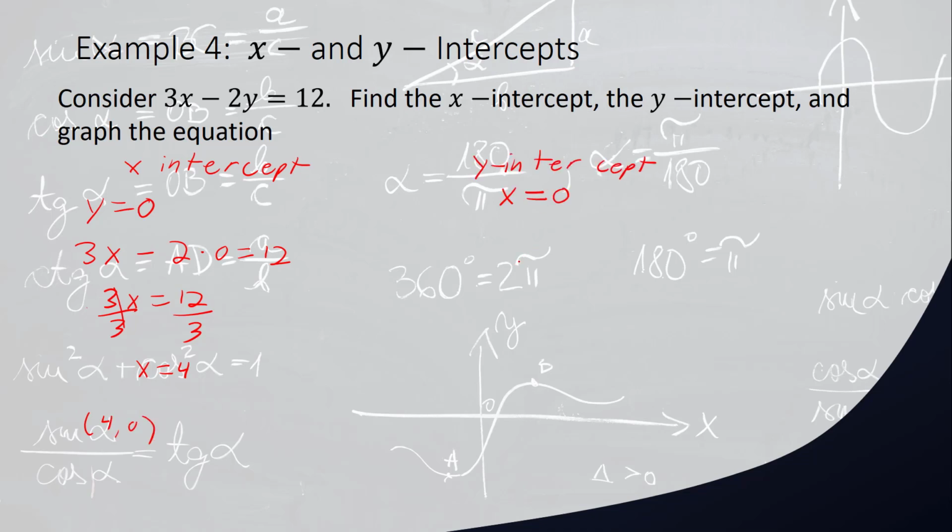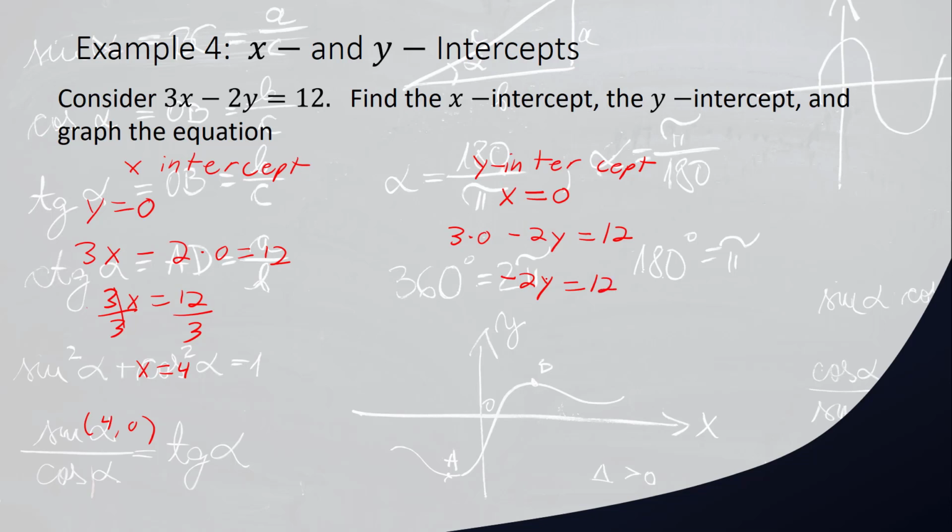To find the y-intercept, we will let x equal 0, and then we will solve for y. So that will give me 3 times 0 minus 2y is equal to 12. Okay, well, 3 times 0 is 0. So that means we just have minus 2y is equal to 12.